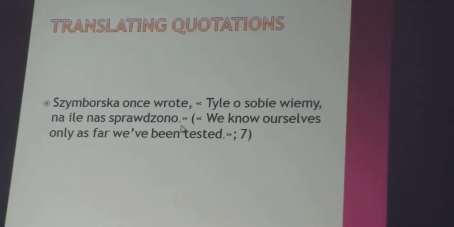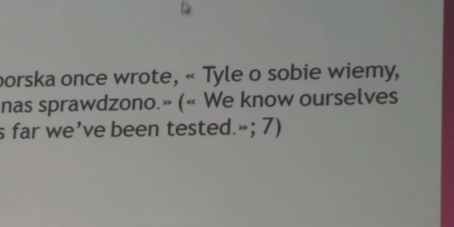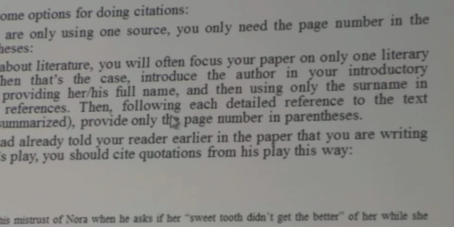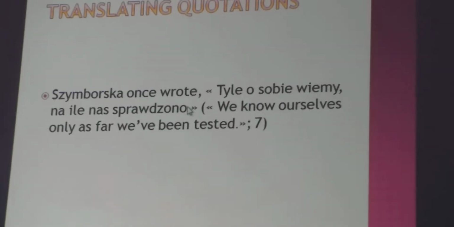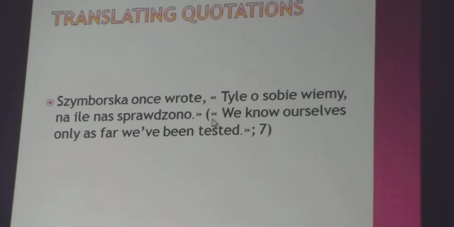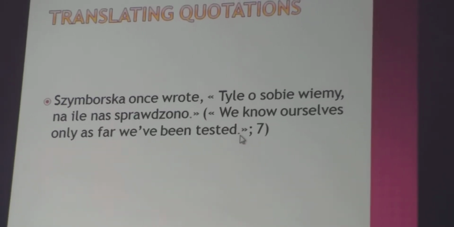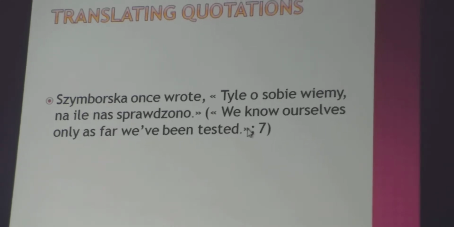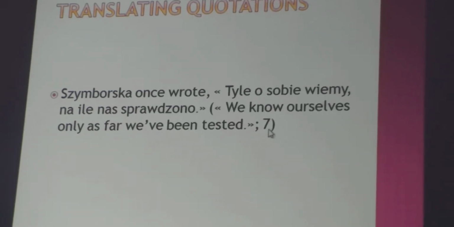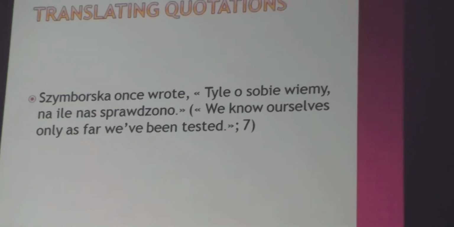You finish the quote here with a full stop. Then you put the quotation mark, you open your parentheses, and you quote the translated passage in English. You put a full stop, then you close the quotation marks, you put a semicolon, then you insert the page number, as you can see here.